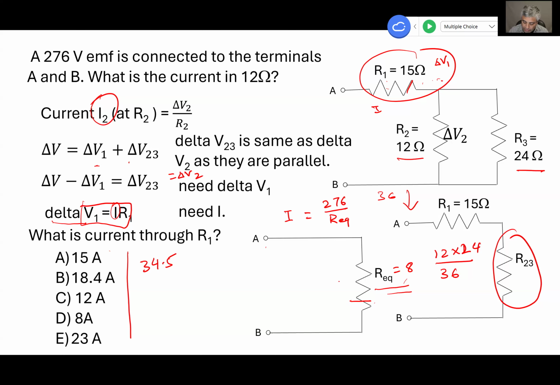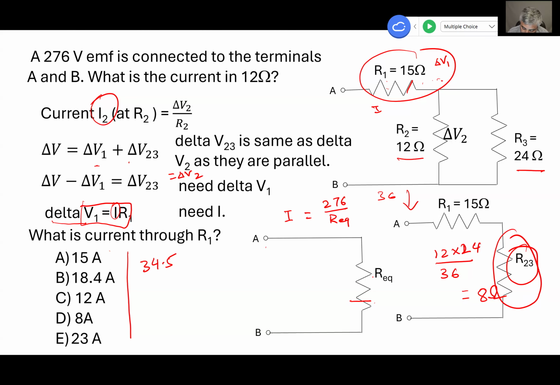So that means this combination of, oh, I see. I see what you are saying. So this supposed to be R23. Yeah, I know what I made a mistake here. So that's supposed to be 8 ohm, oh, this supposed to be 8 ohm.